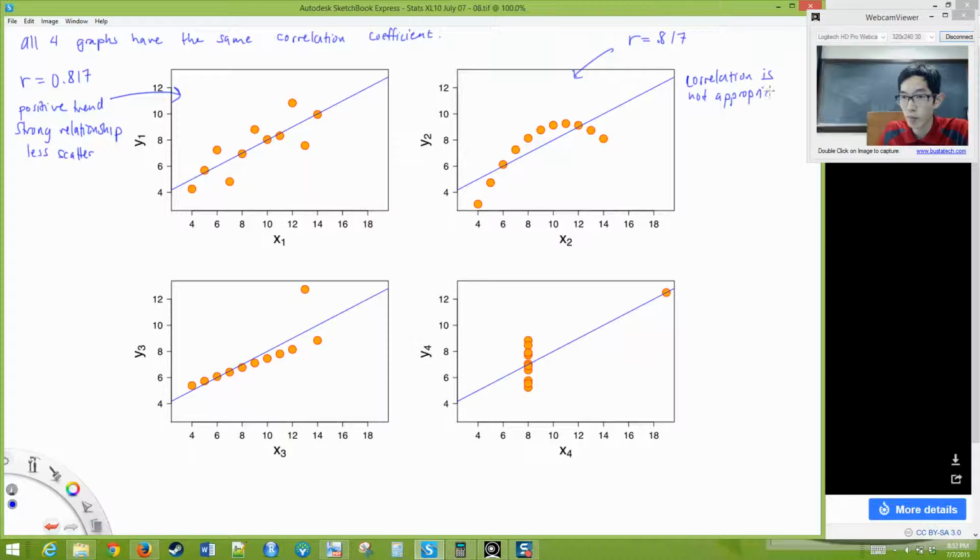And it's not appropriate because the data are very clearly not in a straight line.